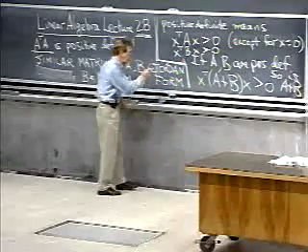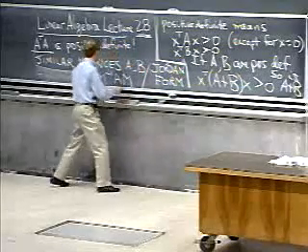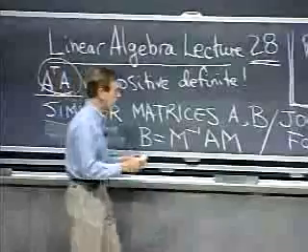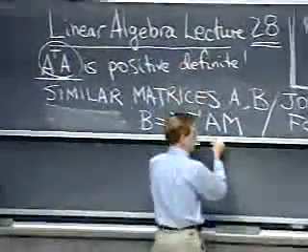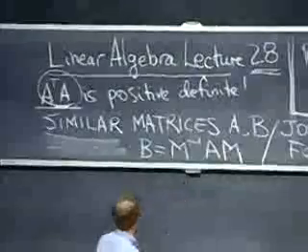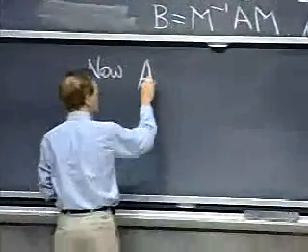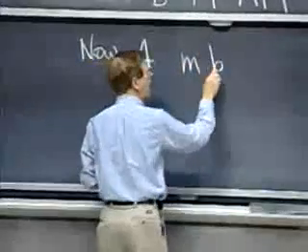And now, finally, one more thought about positive definite is this combination that came up in least squares. Can I do that? So now suppose A is rectangular, m by n.